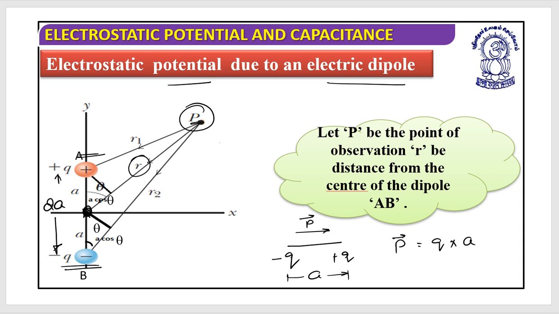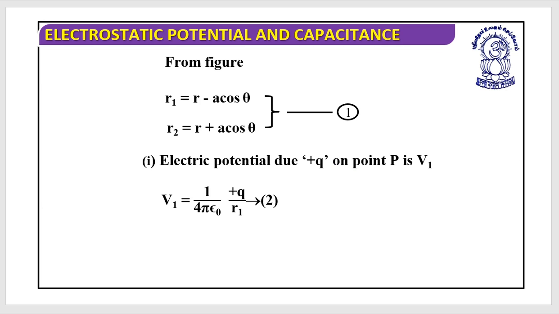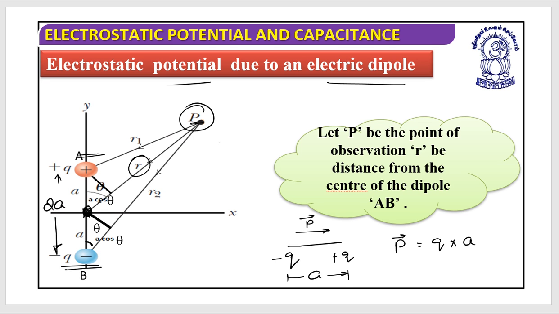I'm sure you must have gone through this and might remember the formula, but let's do this very quickly. Let's say this is r1, this is r, and this is r2.